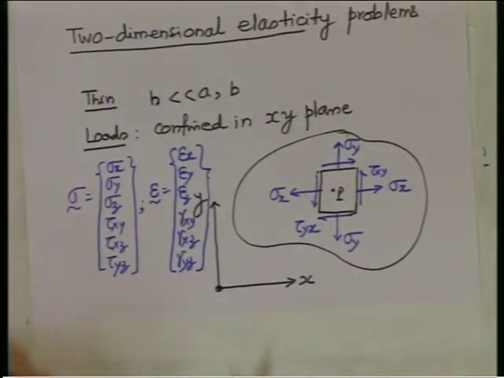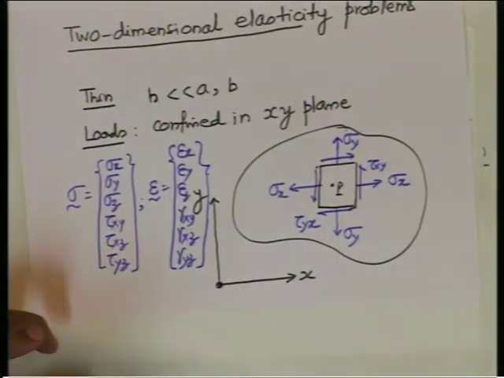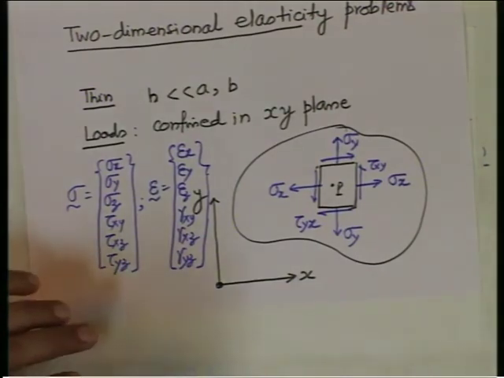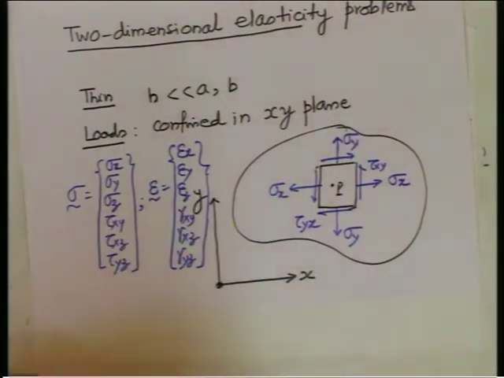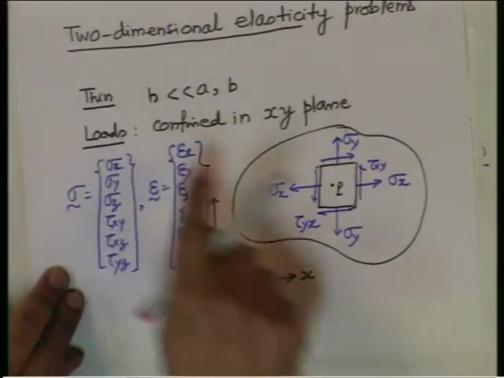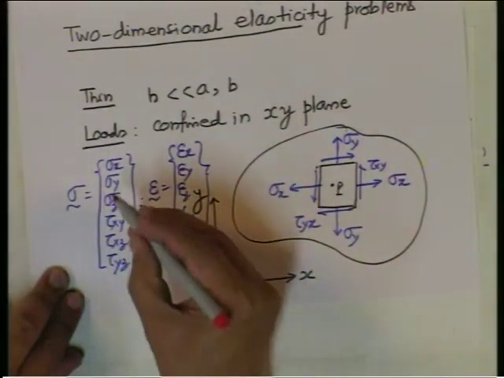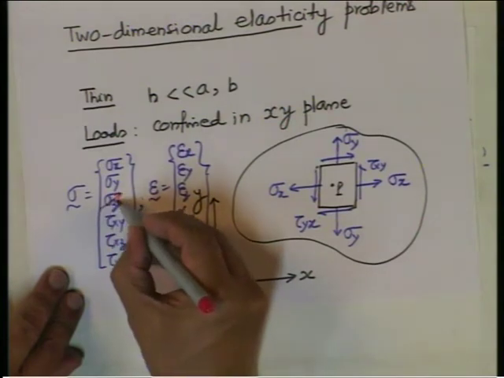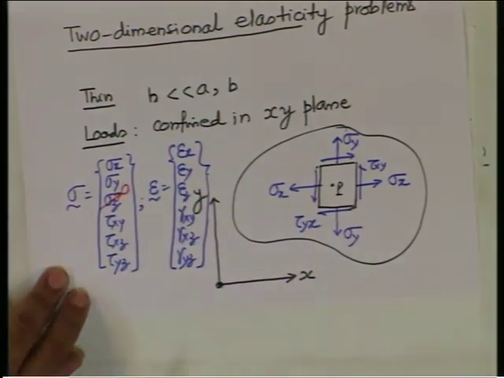But in this case, if this thing holds good, then the following happens. Because all the loads are confined to only xy, there is no stress in z: sigma z tends to 0, it does not exist.